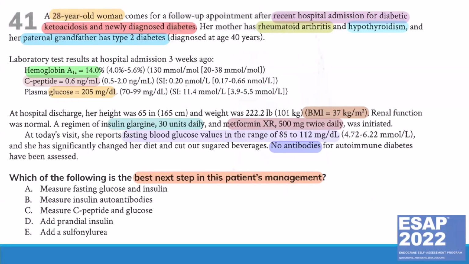In this category, the patient presents with DKA and newly diagnosed diabetes mellitus. Insulin autoantibody has no value in any patient on insulin therapy.